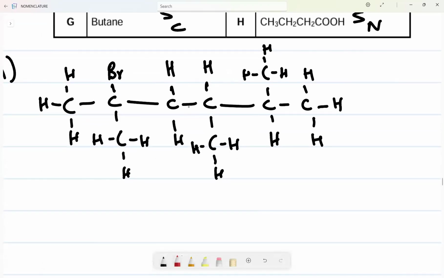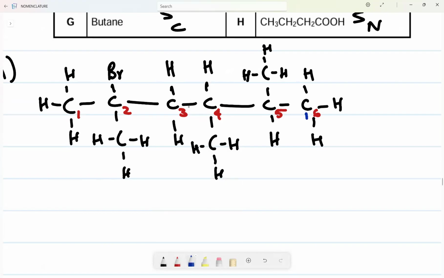Now, am I in a position of knowing how to name this? Yes. Remember, what do you prioritize? This is a haloalkane. On a haloalkane, you prioritize nothing. You want the one that gives you the least number of substituents. Then let me start counting in here. It's going to be 1, 2, 3, 4, 5, 6. Then let's see when I count the other way around.